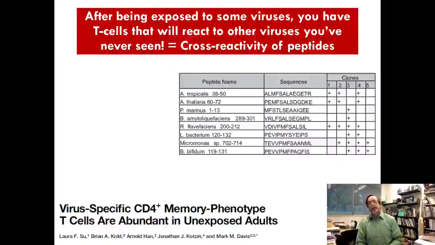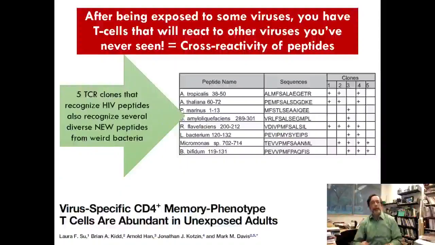This is the way that it was shown. They were working with HIV reactive T cells, and they took a bunch of people, and they found that there were T cells taken from people who never had HIV that would react with it. These are TCR clones, by the way, so they know exactly what the TCR is.